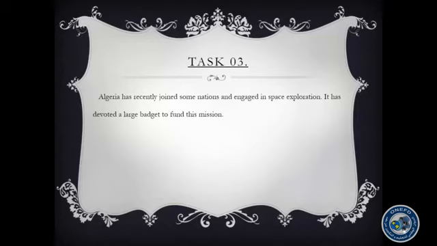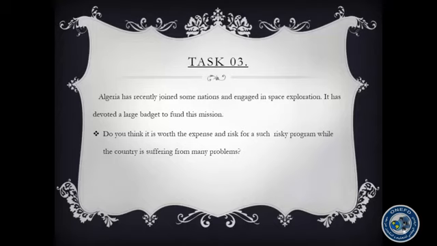So think about it: Algeria joining the USA and the United Kingdom in space exploration, and it has devoted a large budget, meaning huge sums of money. So it is expensive. What do you think the people of Algeria would say? So that's why we're going to ask this question: do you think it is worth the expense and risk for such a risky program while the country is suffering from many problems?